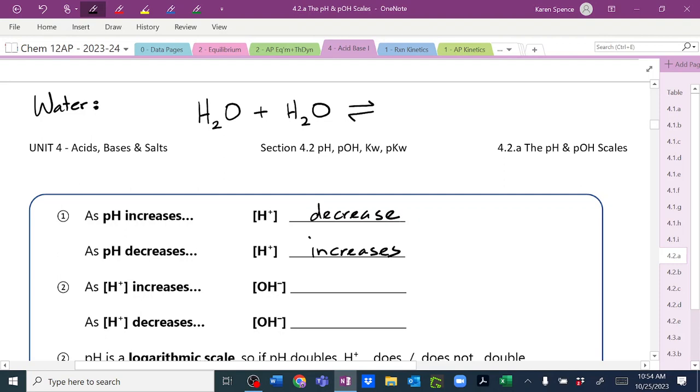Water can actually react with water, and one can act as a Bronsted-Lowry acid, and the other one can act as a Bronsted-Lowry base. Now, let's remind ourselves, tell your partner, what is a Bronsted-Lowry acid? What is a Bronsted-Lowry base?